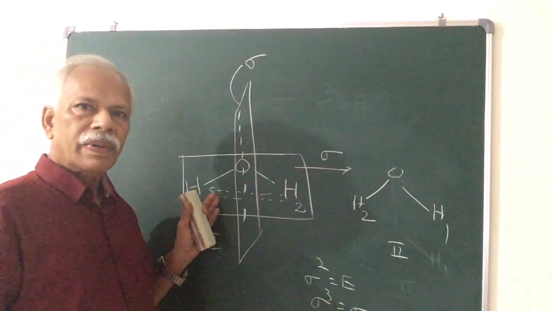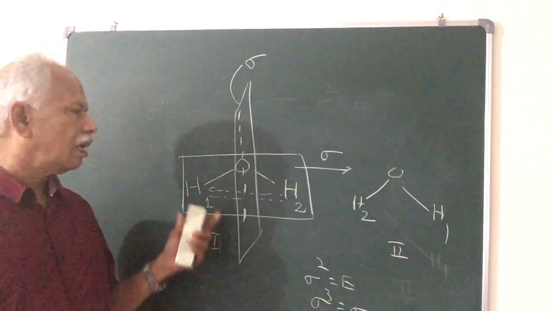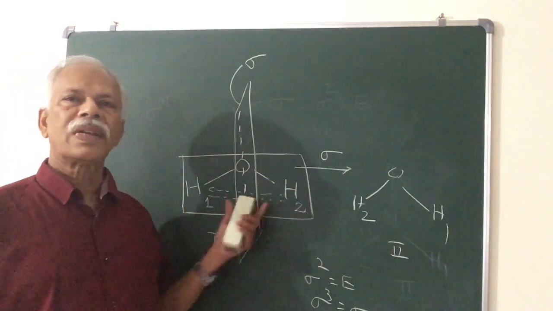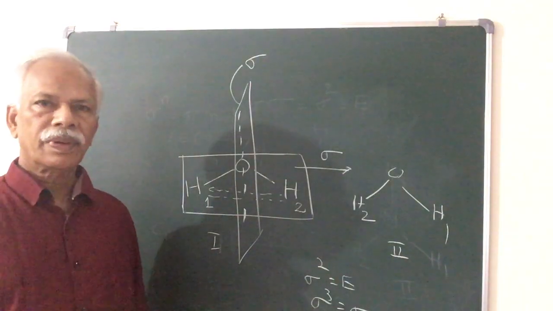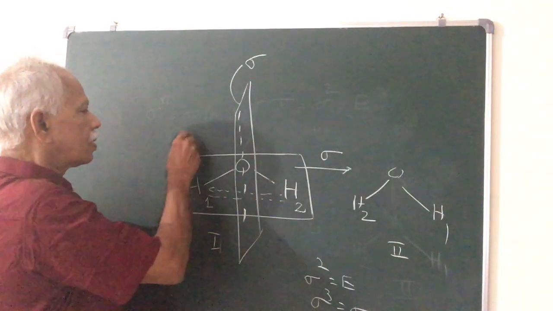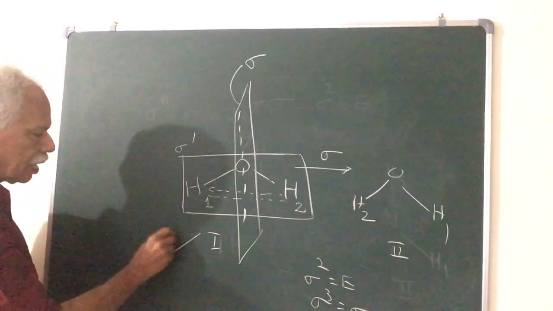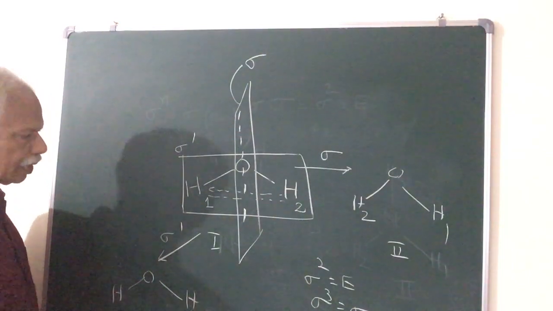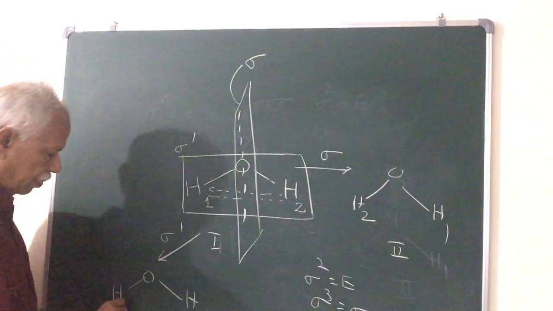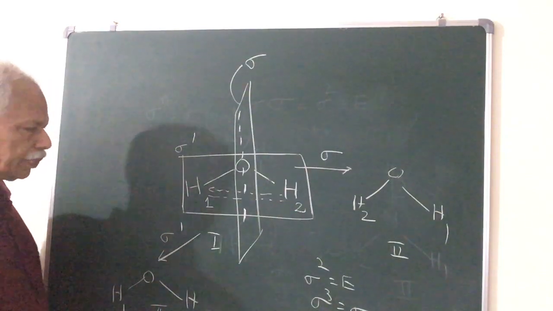If the molecule is reflected in its molecular plane, it is very evident that none of these atoms, their centers, will be shifted at all. So I will denote it as sigma dash. So sigma dash will give H, O, H. Even with the labels, there is no difference, appearance 2.